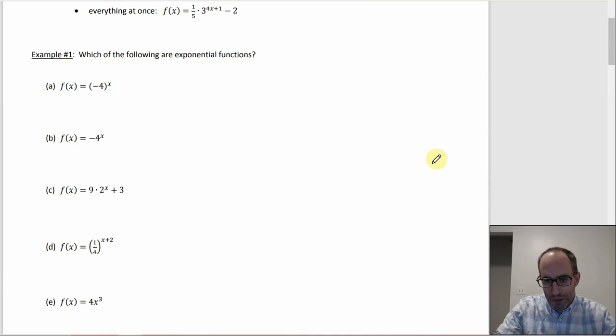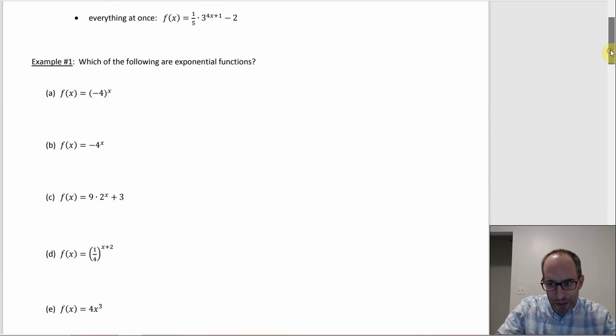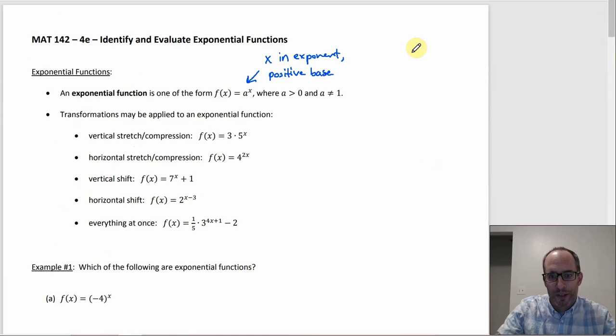The things that we're looking for are in blue: you want to see the x in the exponent, not in the base, and the number that's in your base can't be negative.